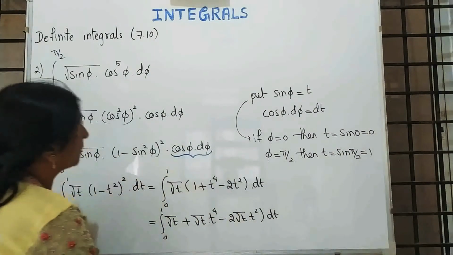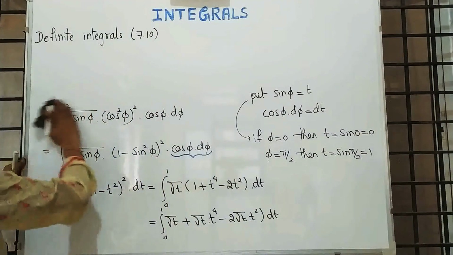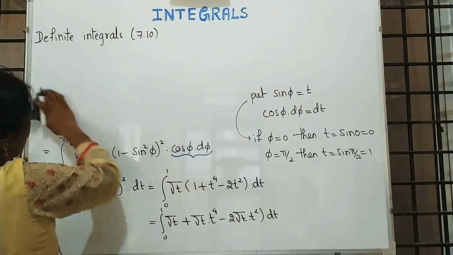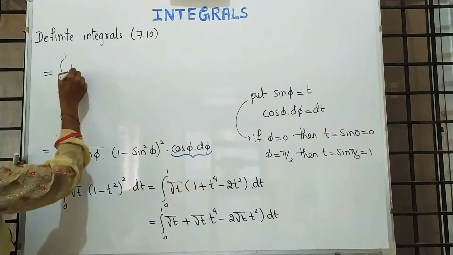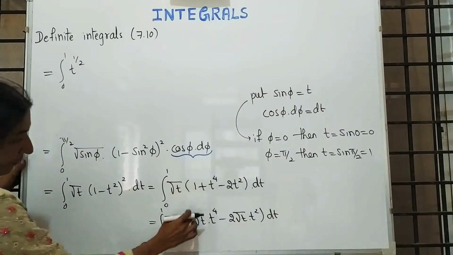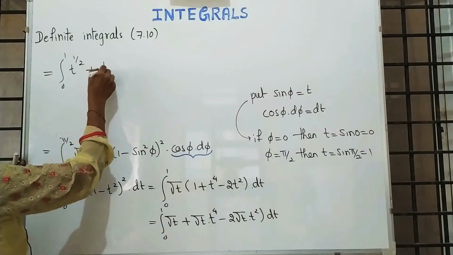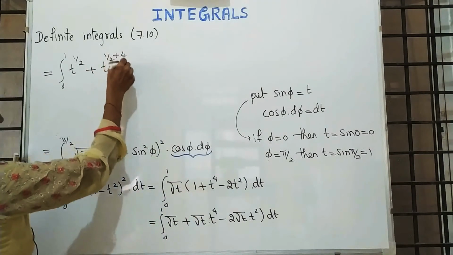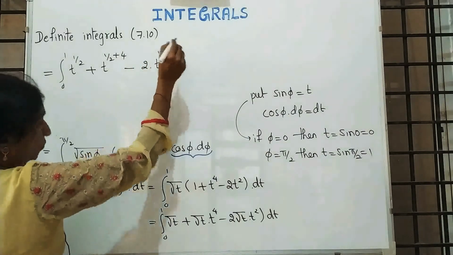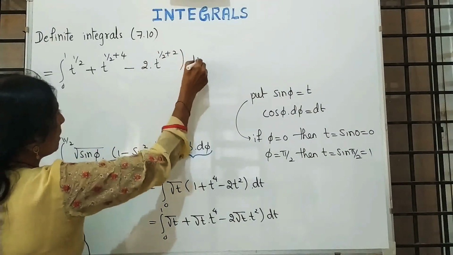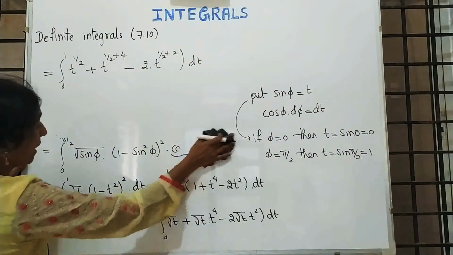Now this simplification is also before integration. 0 to 1, it is t raised to half, this power is half, this power is 4. t raised to half plus 4, minus 2 into t raised to half plus 2, into dt. See, everything before integration.